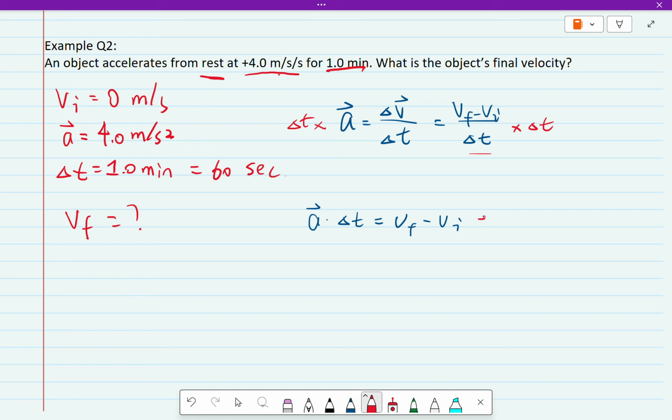And then we want to add initial velocity to both sides, such that we can get rid of this initial velocity on the right side. So we will have acceleration times delta t plus the initial velocity equal to final velocity. And now we can actually start substituting our values. So since final velocity equal to acceleration times time plus the initial velocity, we can start substituting and evaluating.